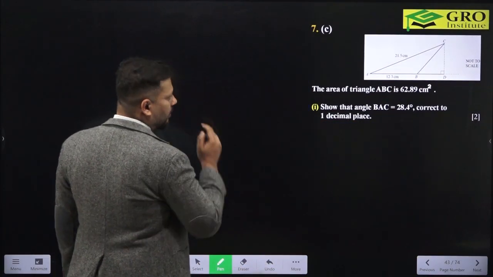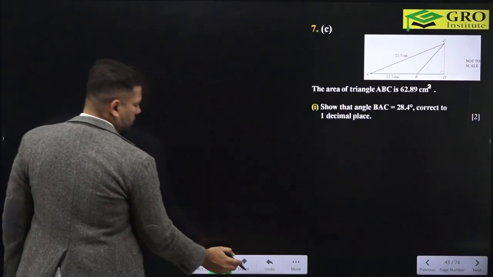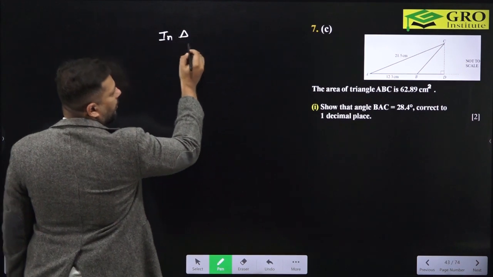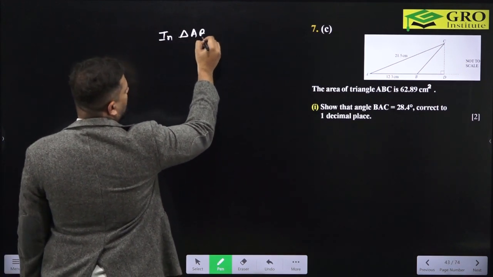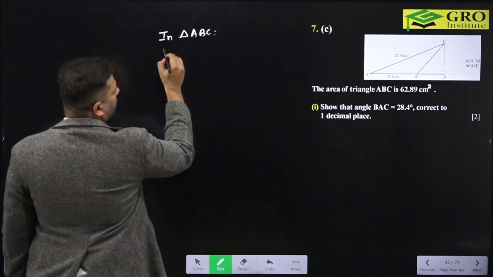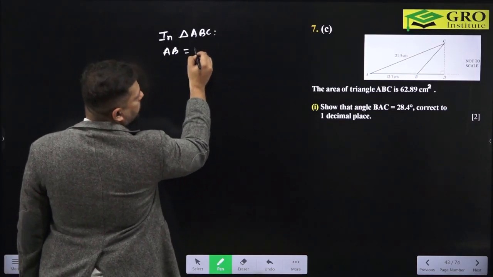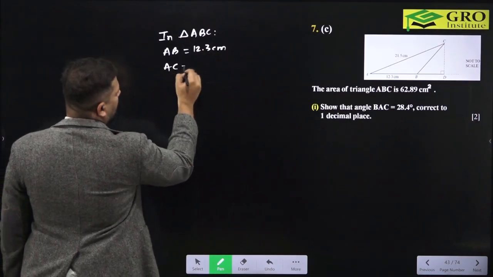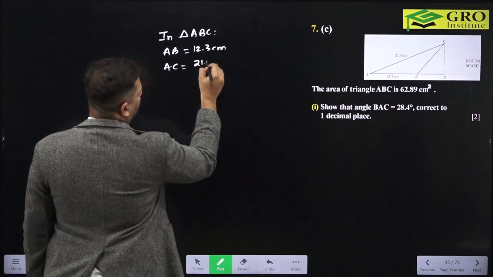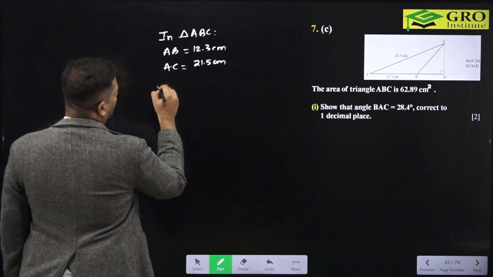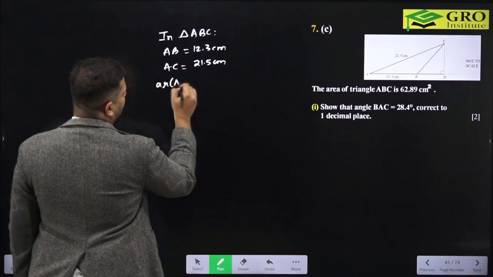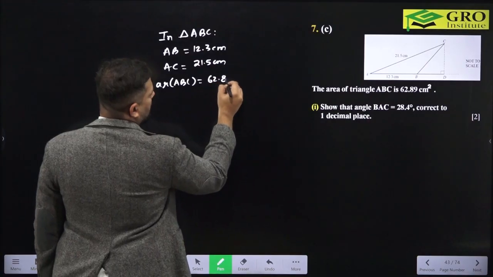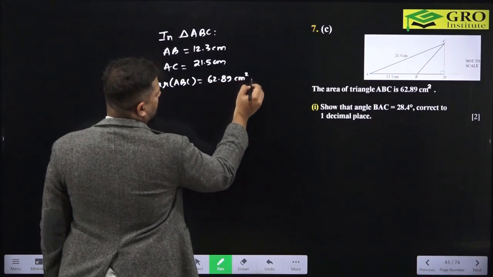Now, what are we being given with? In triangle ABC, AB is equal to 12.3 centimeter and AC is equal to 21.5 centimeter, and area of ABC is given to us as 62.89 centimeter square.